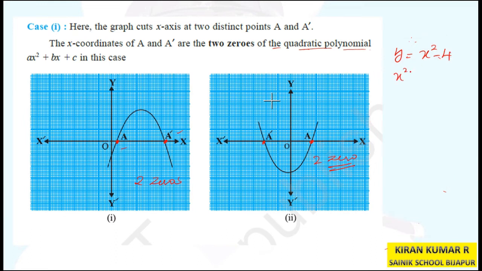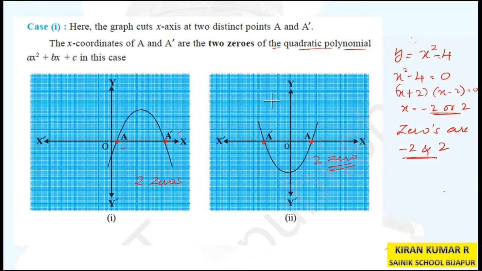To find the values, let me consider this as x² - 4 = 0. So we have (x + 2)(x - 2) = 0. So x values are -2 or +2. So there are 2 zeros, -2 and +2. On plotting we will have both the zeros on the x-axis.